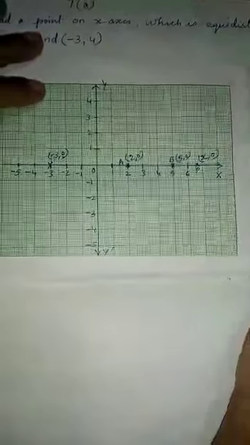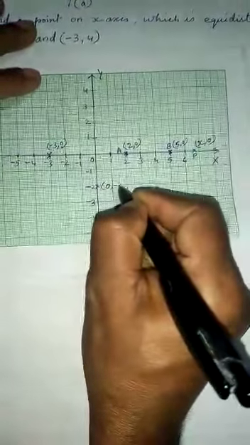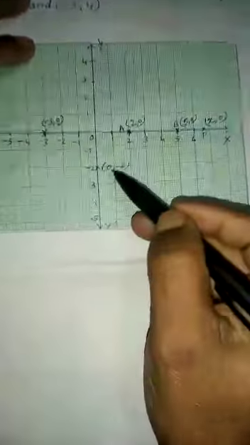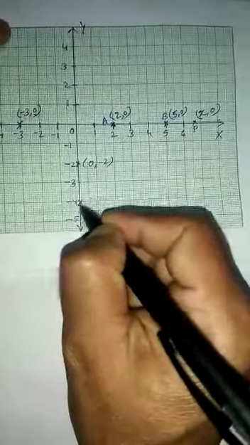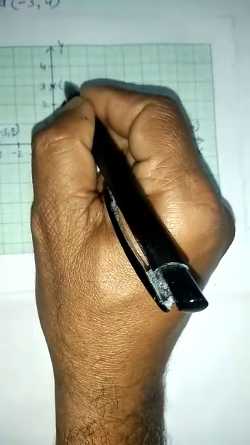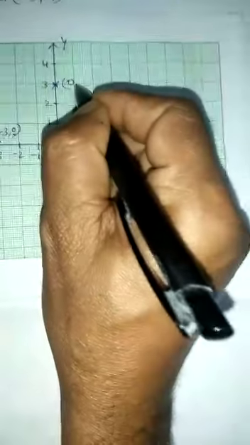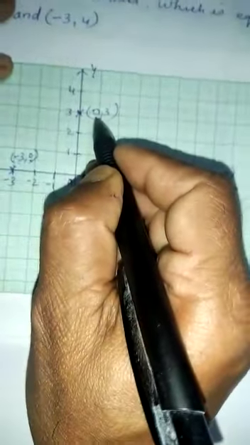In the same way we can take points on the y-axis also. Here it is (0, -2), the x value or abscissa is 0. (0, -4), here also the abscissa is 0. That point is (0, 3), the abscissa is 0.